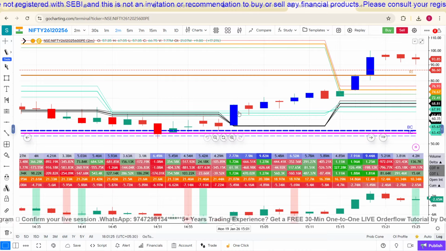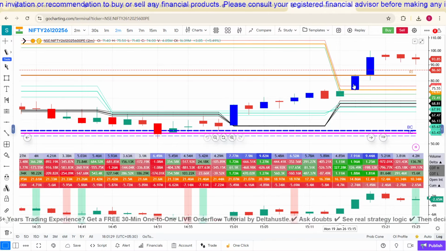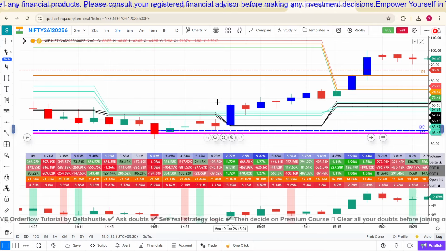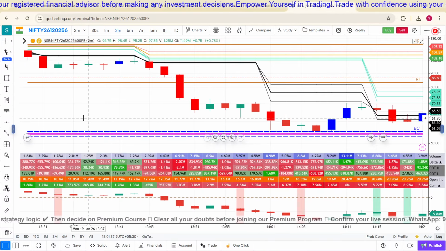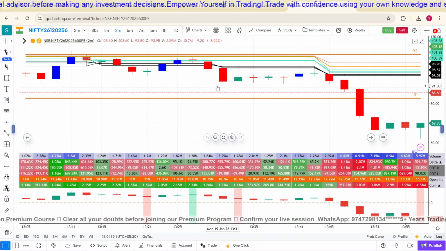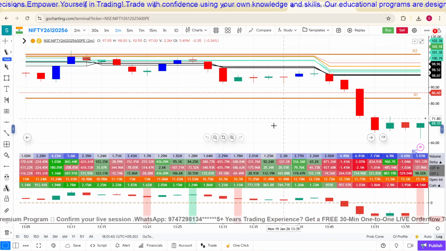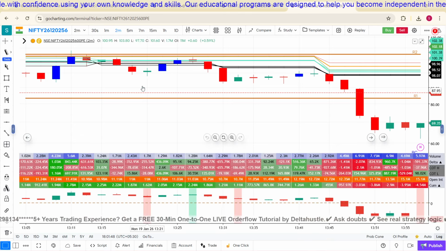And we are using some trending candles also. That is why the blue color is coming. It will initiate the trend, the start of the trend. And in the morning, we got a clear breakdown in this candle. And it has gone down sharply from there. That is what we are studying.